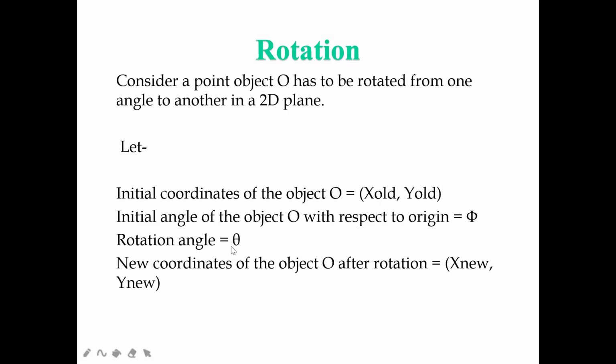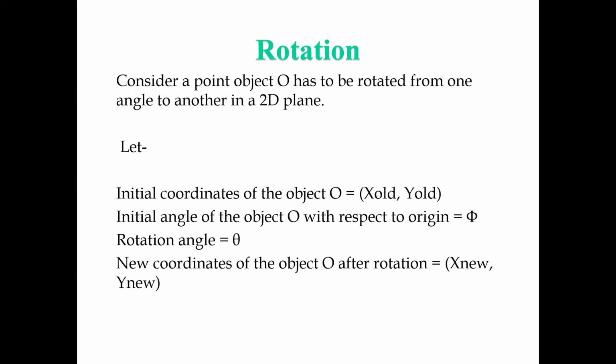You are quite acquainted with these two terms, theta and phi. Now I'm going to do the rotation. Whatever angle I'm going to move, let's consider this as theta. The new coordinate values I receive after rotation, let's consider as x new comma y new. These are all the coordinate points and angles which I'm going to use for my rotations.